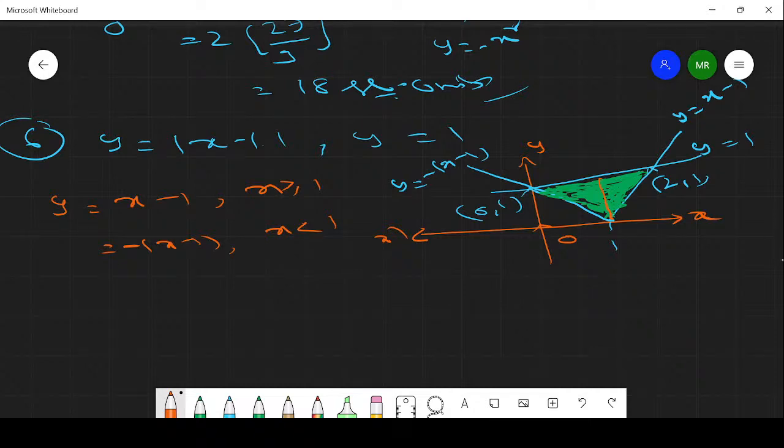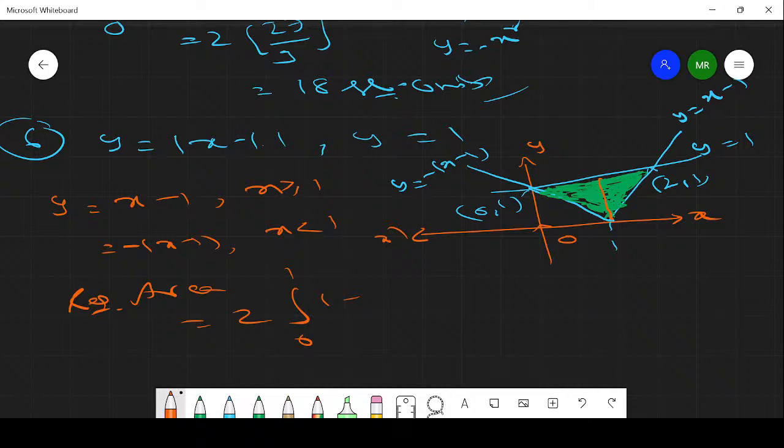I am finding 0 to 1. Required area equal to 2 times the integral from 0 to 1. The upper curve is the line y is equal to 1, minus the lower curve, which is minus of x minus 1.